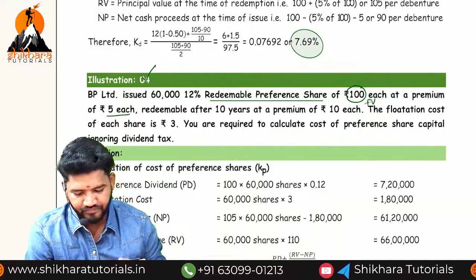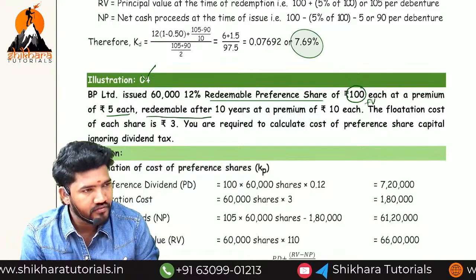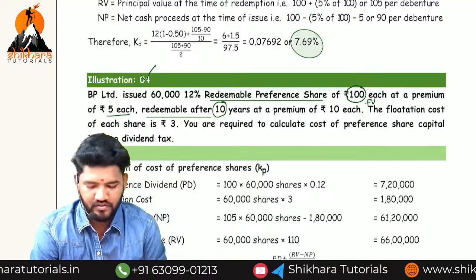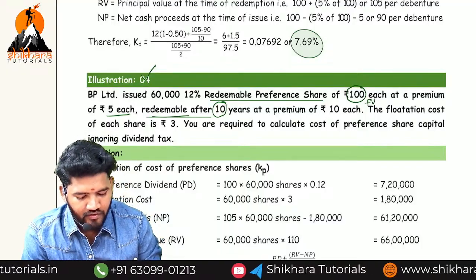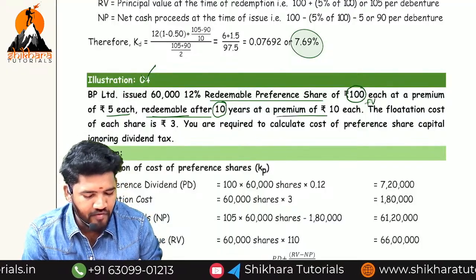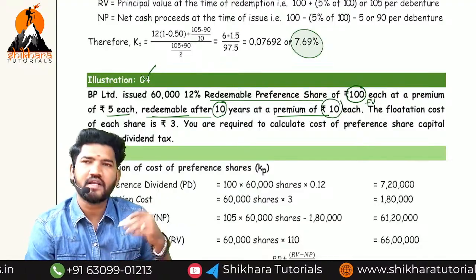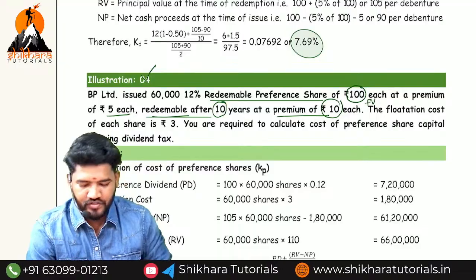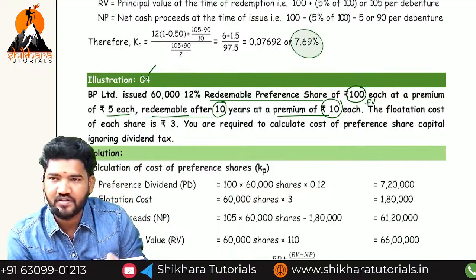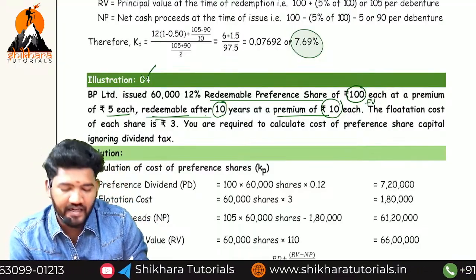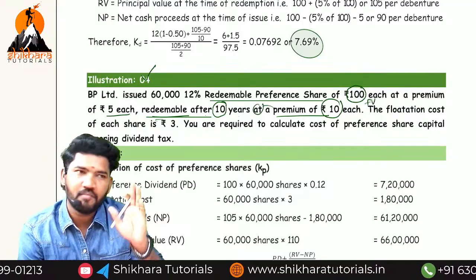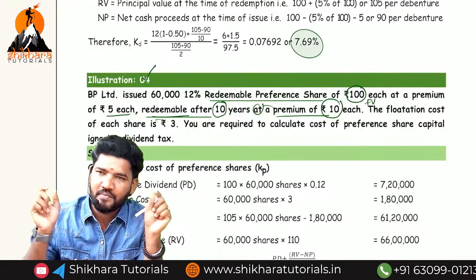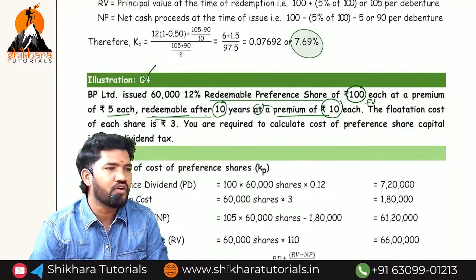Issue price. Redeemable after, what about this 10? N, the number of years. Redeemable after 10 years at a premium of, what is this 10 rupees? RV is there, repayment value. See here the sentence, here the comma stops. Redeemable after 10 years at premium, that's the point I said. The net proceeds sentence and the repayment value sentence will be the same. Don't confuse.